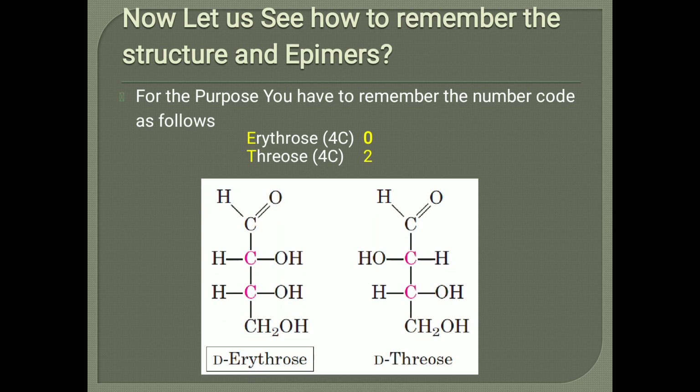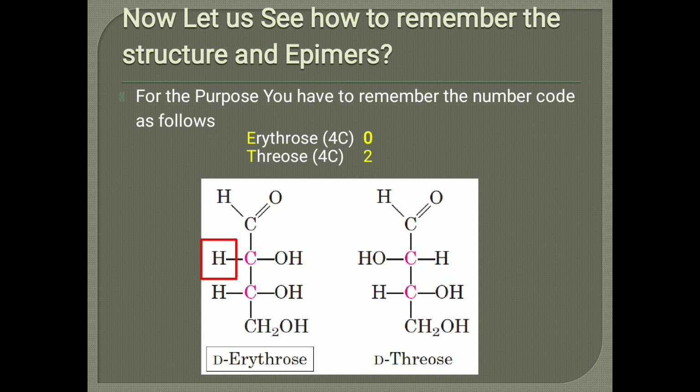So this 0 and 2 is nothing but, in case of erythrose, there is no hydroxyl group on the right side of the carbon in consideration. That means we can see here, in this particular structure, the carbon in consideration is the second carbon. Okay, and the second carbon OH is on the left side only, no OH is there on the right side. So 0 OH on the right side, that is actually representing the 0.